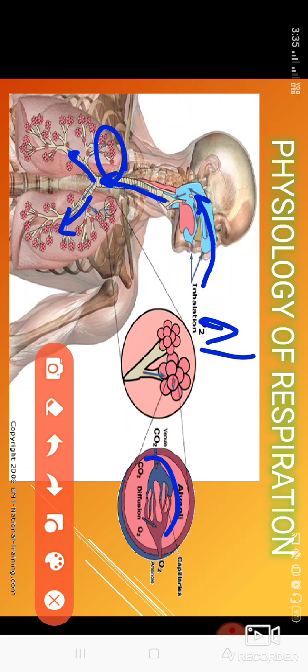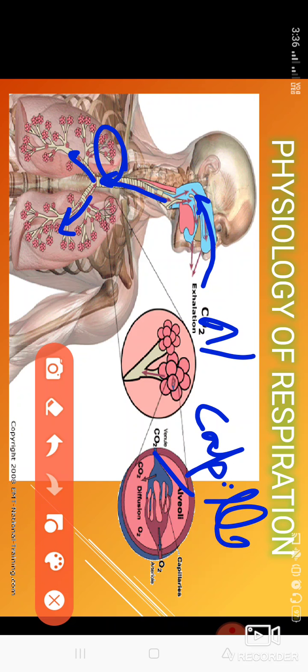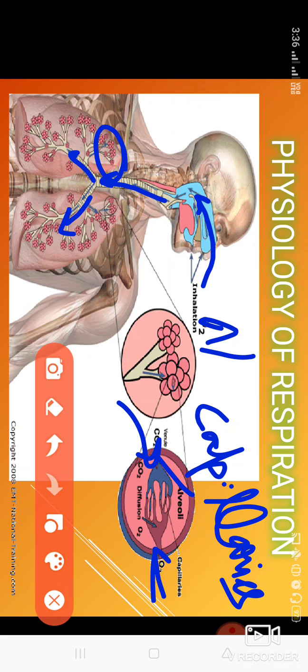These two structures which you are seeing here are the blood capillaries. One of the blood vessels is bringing impure blood, and one of the blood vessels is taking the pure blood.